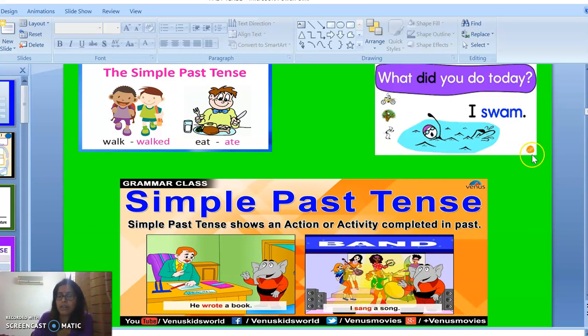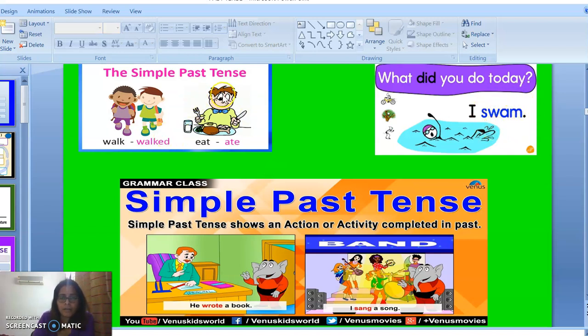Similarly, here is a question: what did you do today? The question here is written in simple past tense. So the person is answering in simple past only. I swam. So I is the subject, and the verb form used here is verb 2 of the base form of the verb swim, right?